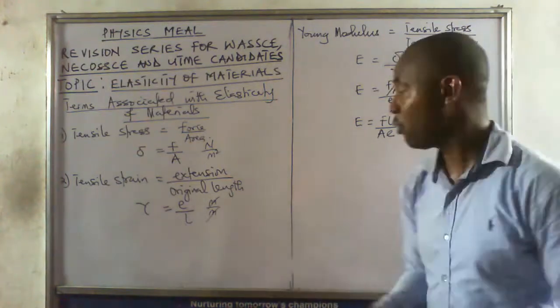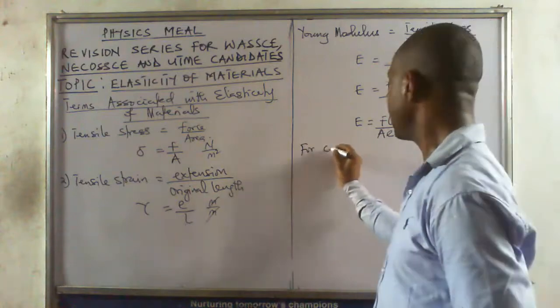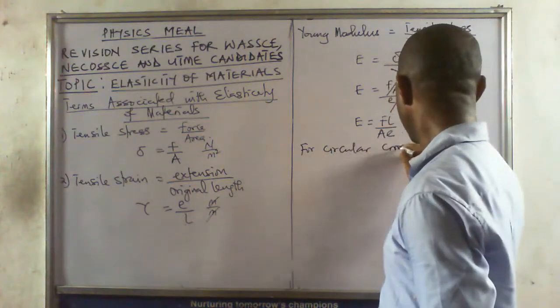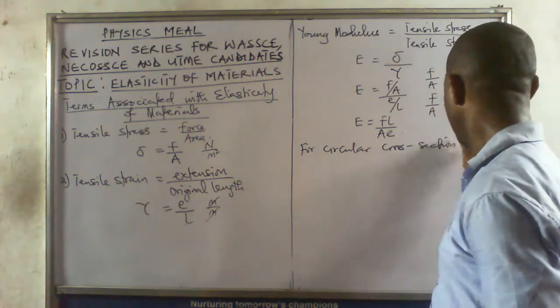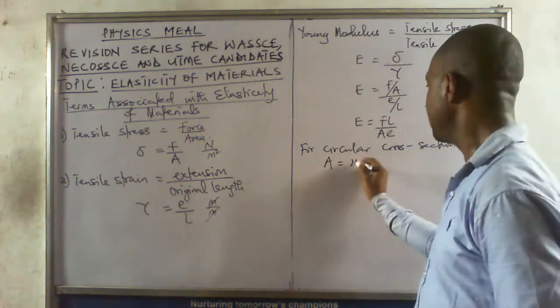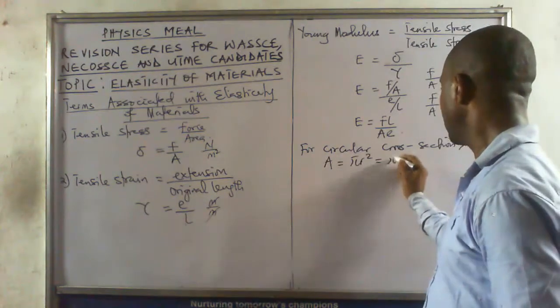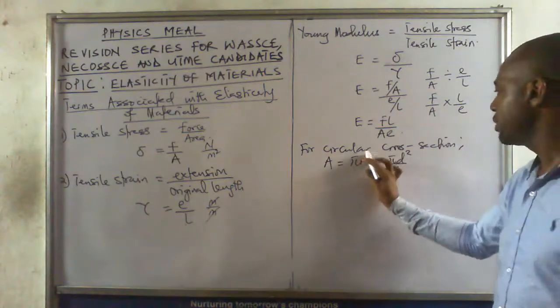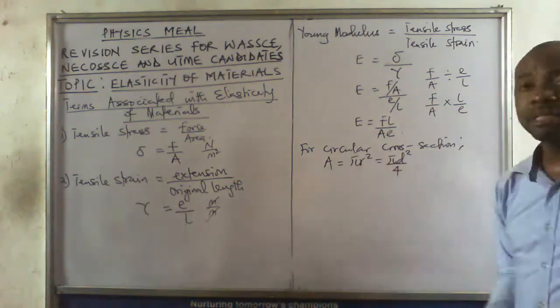So for a circular cross section, A is pi r square, which is also pi d square over 4, where r is the radius and d is the diameter.